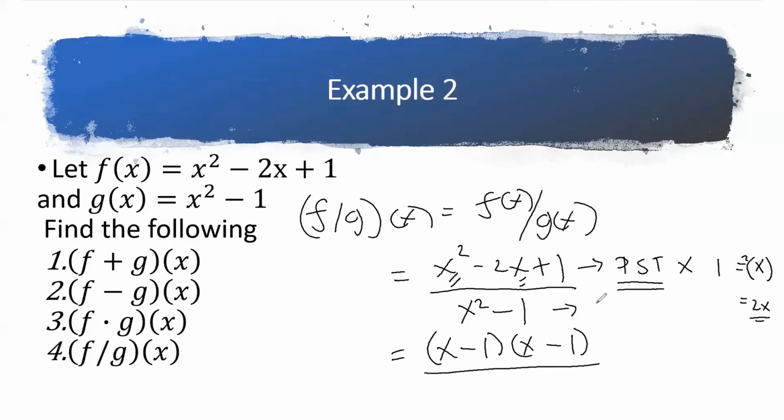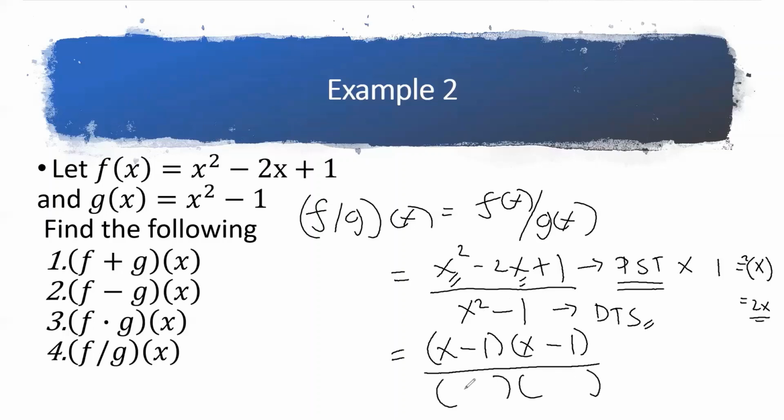Now the denominator is a difference of two squares. So how will you know if that is a difference of two squares? When you say difference, that is minus, and two means there are two terms, a difference of two terms that are perfect squares. So x squared is a perfect square, 1 is a perfect square. So how are we going to factor the difference of two squares?